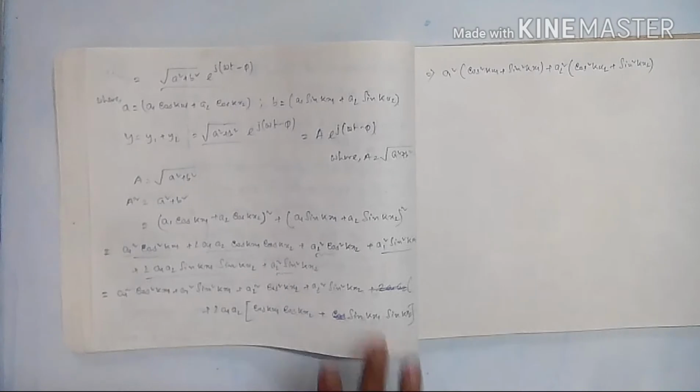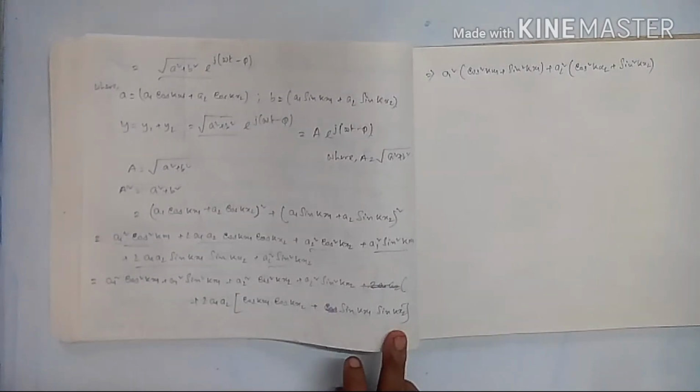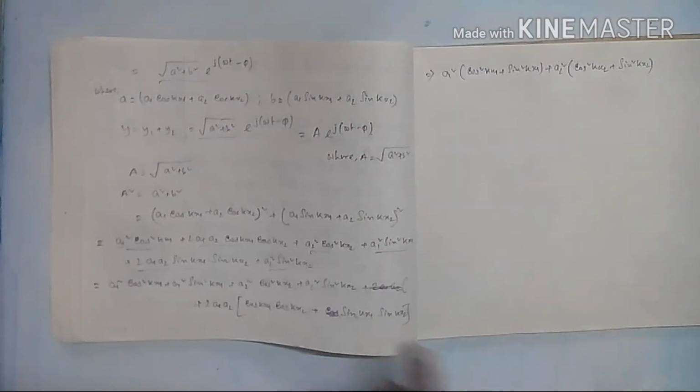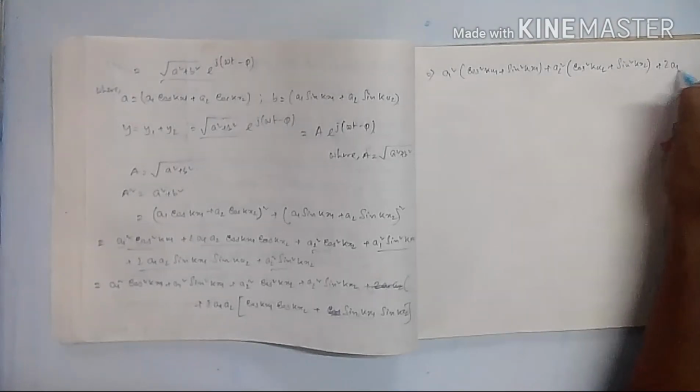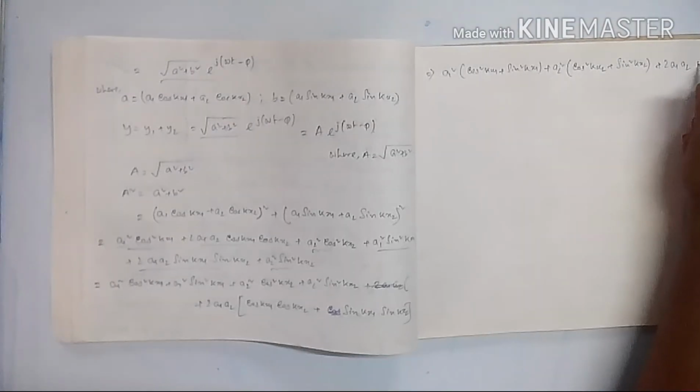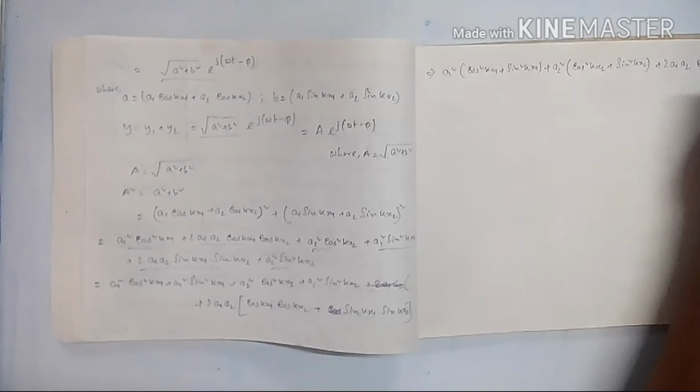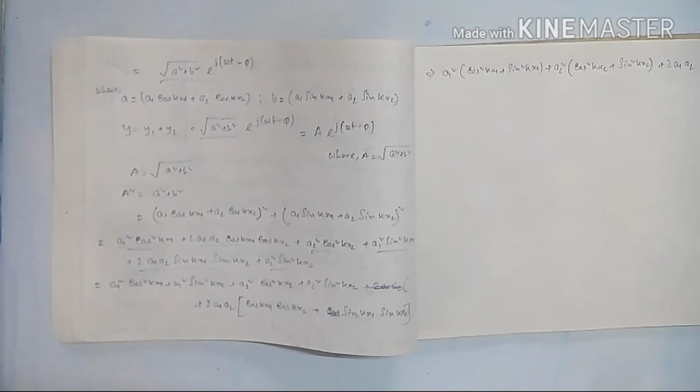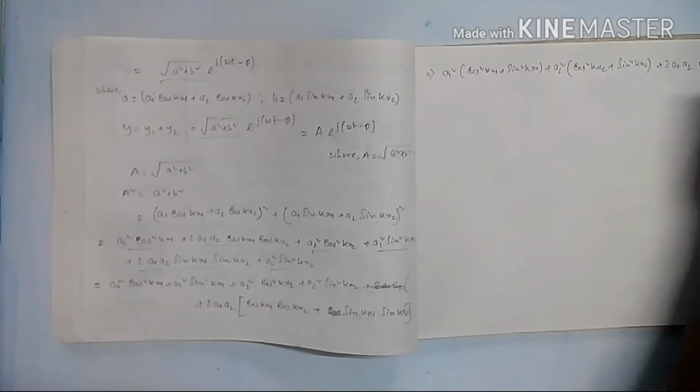And this is a formula: cos kx1 cos kx2 plus sin kx1 sin kx2 is cos k(x2 minus x1).